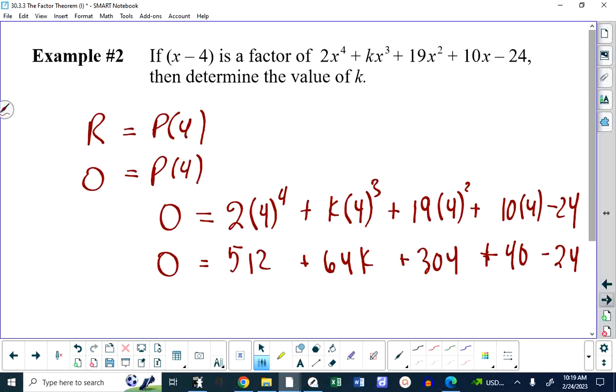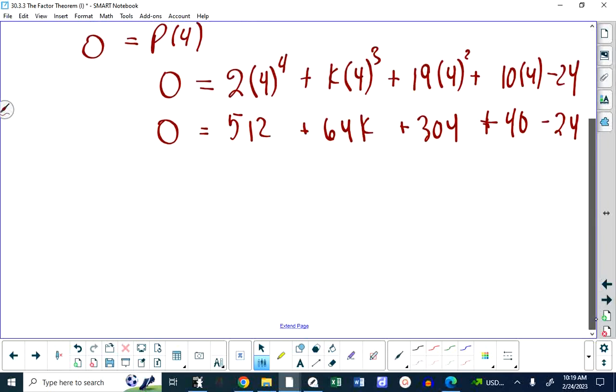Okay, so we can just combine all these numbers together. We're going to get 64k plus 512, 816, 856, 832, plus 832 equals 0.